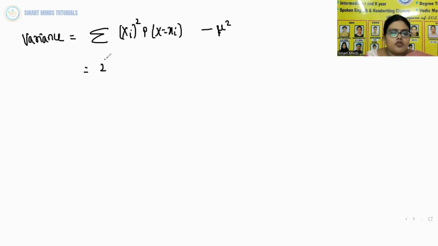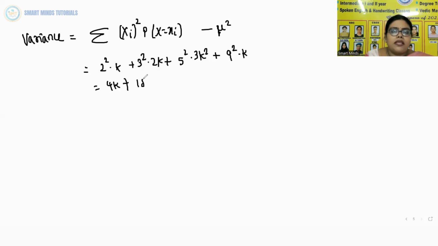So that is 2 square into k, plus 3 square into 2k, plus 5 square into 3k square, plus 9 square into k. 4k plus 18k, yeah, this is k square. 9 square into k square. Plus this is 25 3s are 75 k square plus 81 k square.